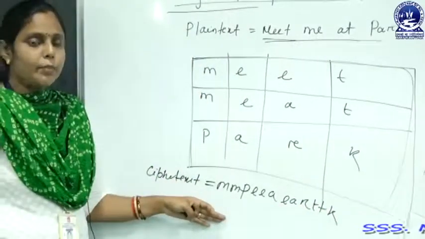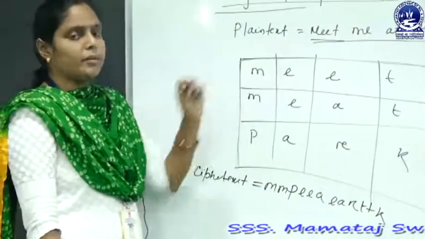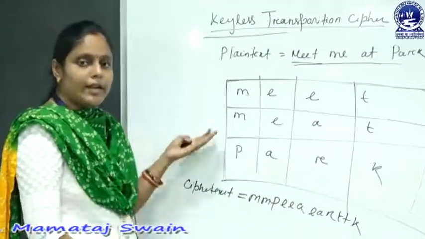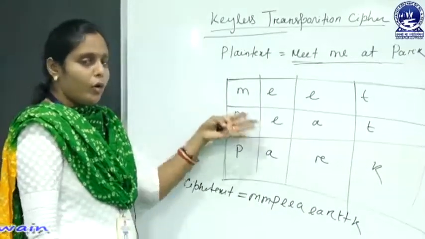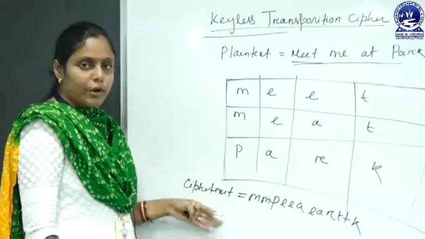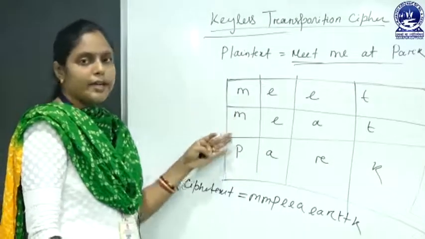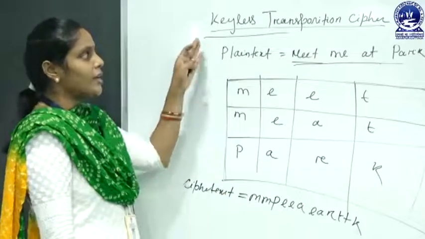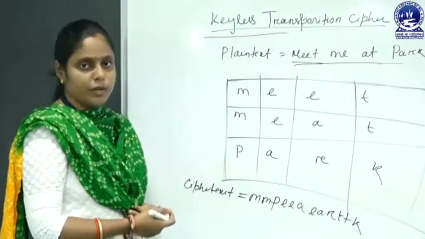That is the ciphertext for the plain text meet me at park. We have used the technique of writing the plain text in a table row by row and creating the ciphertext by reading it column by column. And these two methods are the keyless transposition cipher methods.